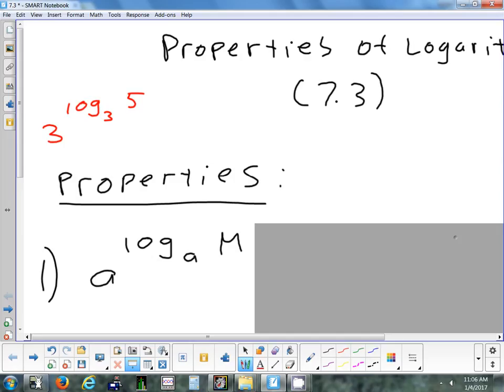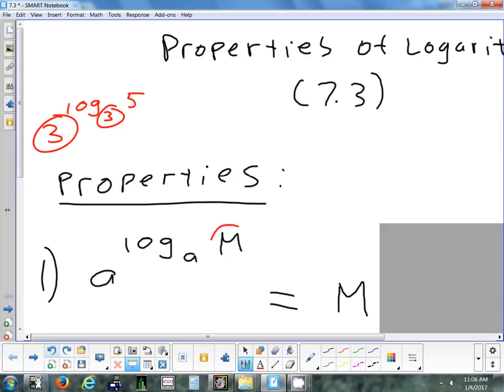If these two numbers match, all of that cancels out, and what you're left with for the answer is whatever is right there. So it's just a special pattern. But in order for it to work, these two numbers have to be the same.